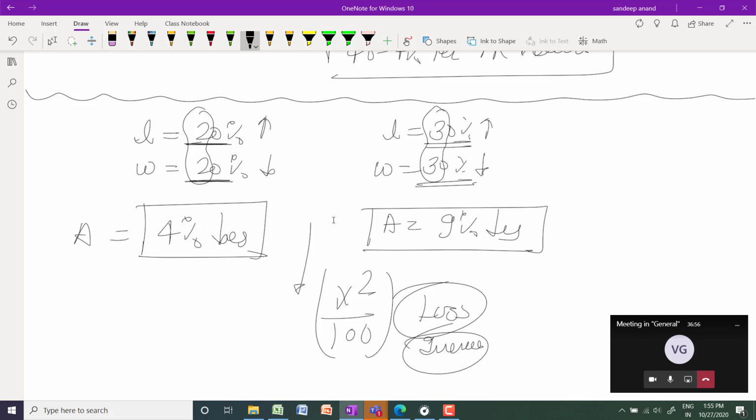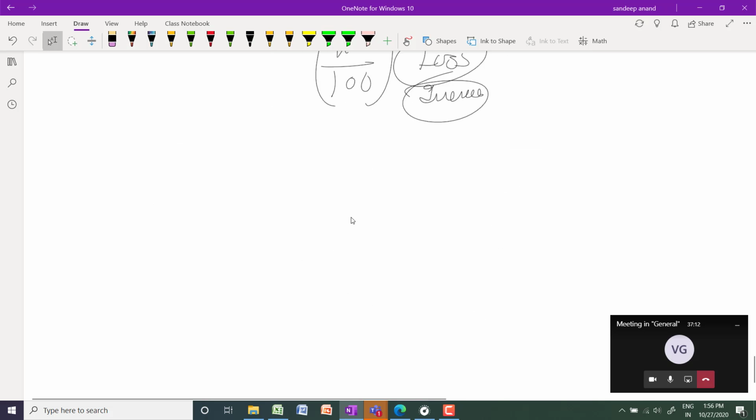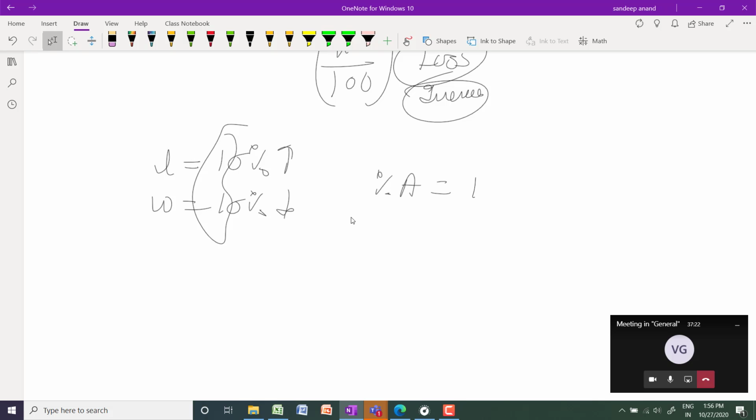Whenever the same percentage increases and the same percentage decreases, you always incur a decrease in value. Suppose I ask you: length is 10% increased and width is 10% decreased, what is the net percentage change in area? You simply multiply 1 by 1, so you get 1%.